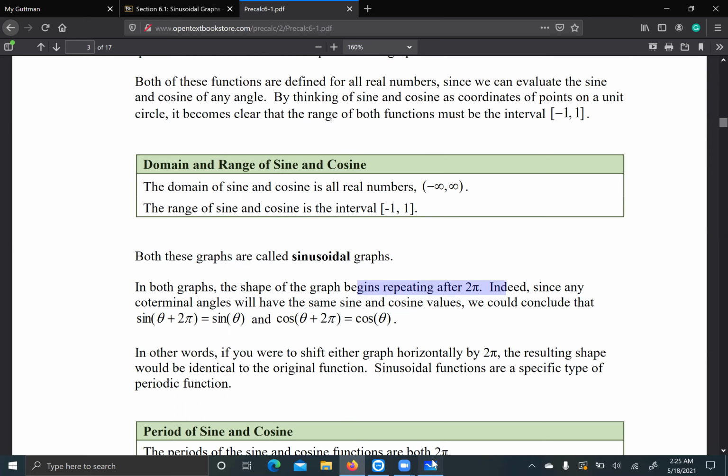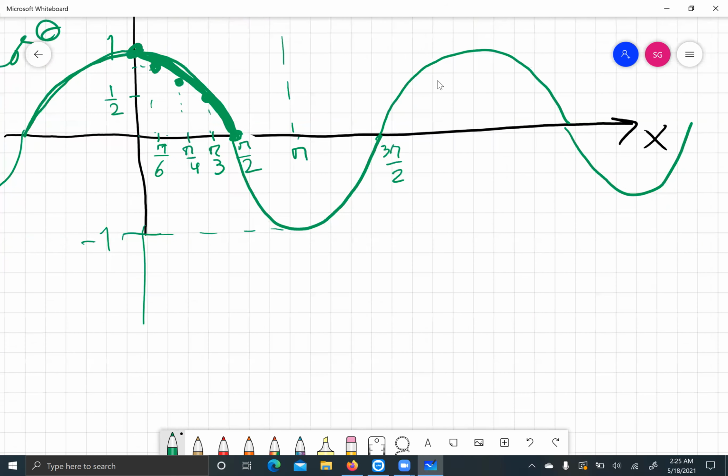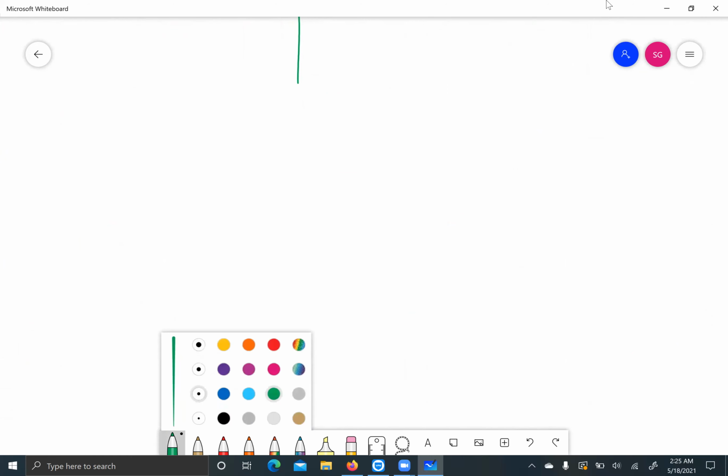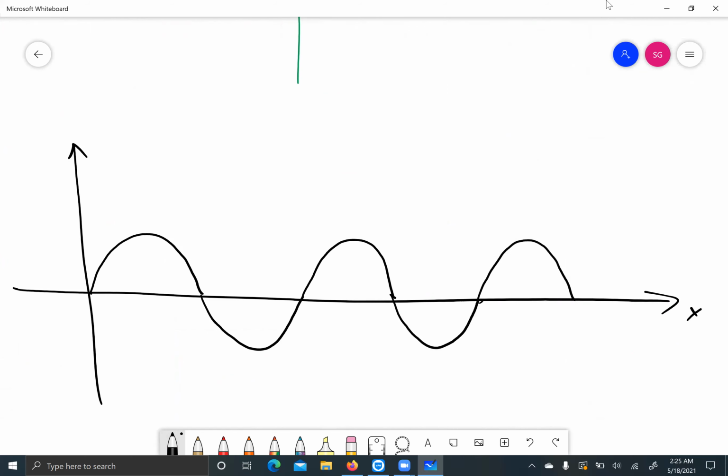So look, I'm going to show you what I mean. For example, for sine, look at the graph of sine. What is the graph of sine? It's like this. And this goes forever.